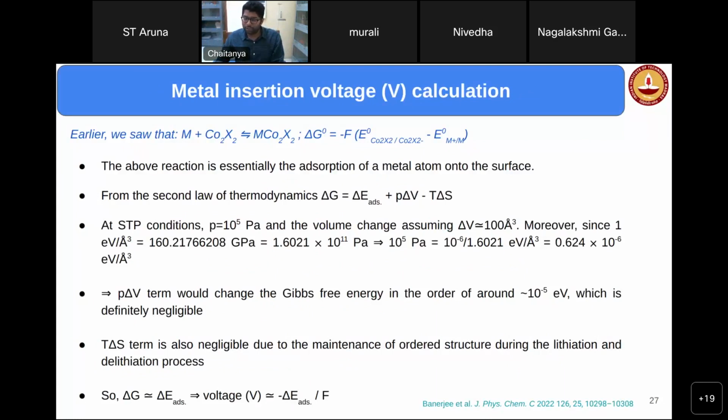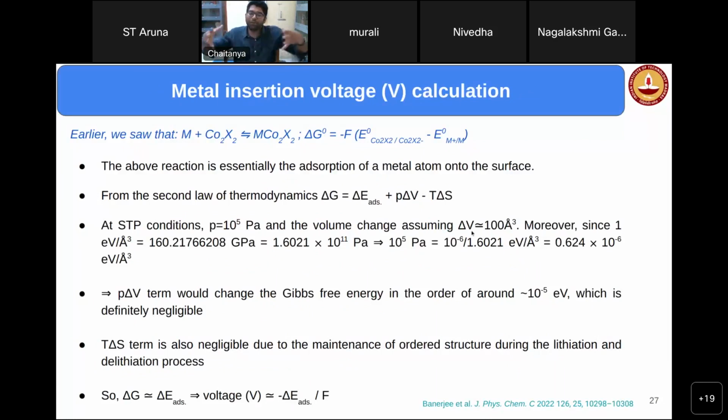From the second law of thermodynamics, you know that delta G can be calculated in this way. For these adsorptions, generally the P delta V term and the T delta S term are very low. I have given here the example for the P delta V. At standard conditions, P is approximately 10 to the power of 5.